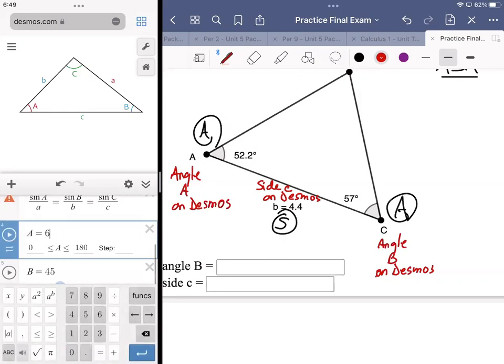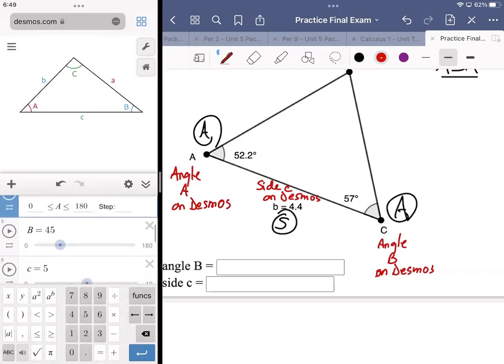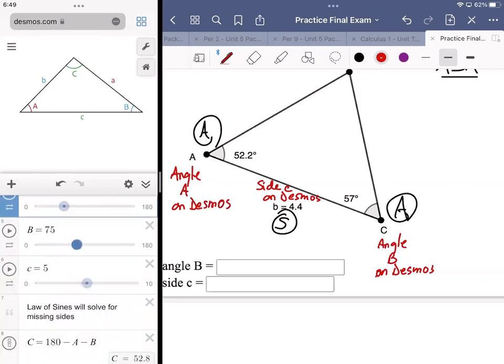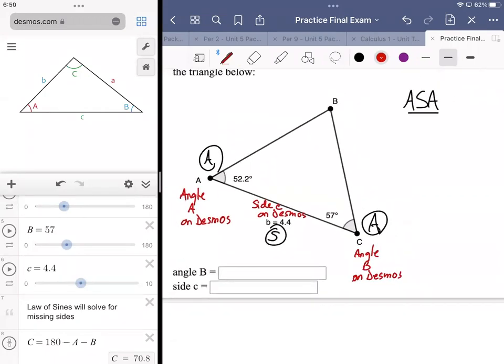So I'll just type it in. The B I would put at 57, that I can slide to, but it always just kind of comes off. So I might end up typing it in anyway. I got it. And then 4.4 for that C. All right. So this would be angle C on Desmos.